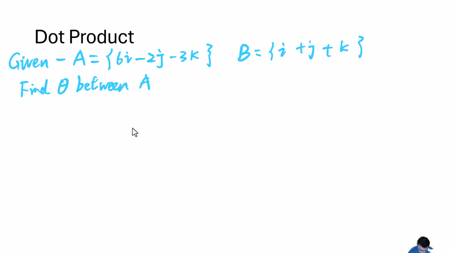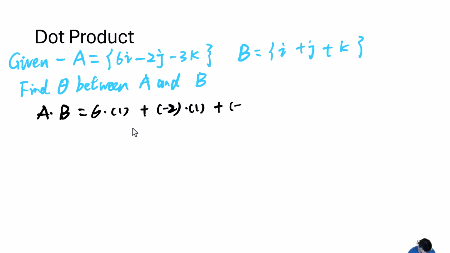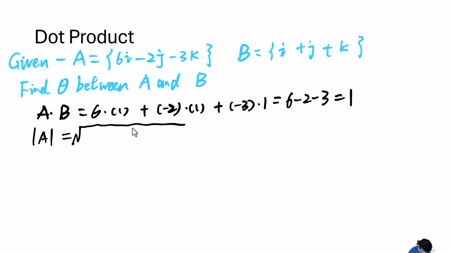Between A and B, the first step is to calculate A dot B, which is 6 times 1 plus negative 2 times 1 plus negative 3 times 1, so 6 minus 2 minus 3, which is 1. The magnitude of A is the square root of 6 squared plus negative 2 squared plus negative 3 squared, which is 7.